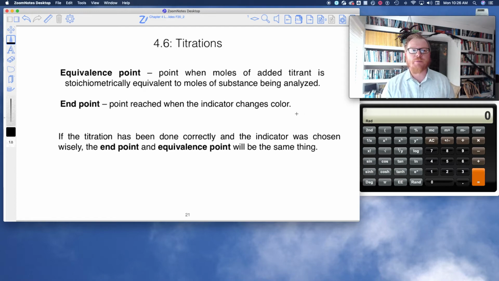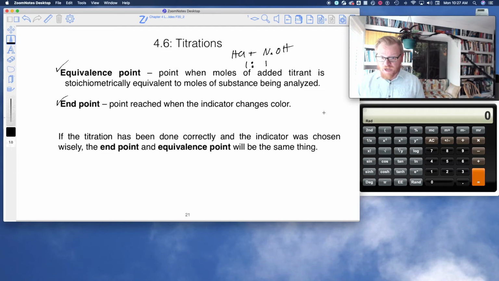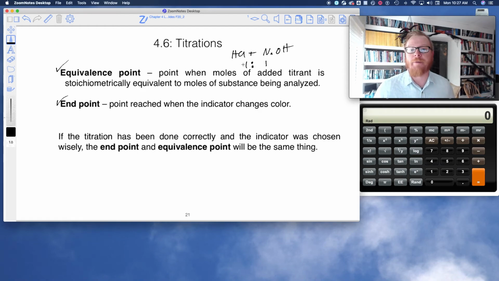Okay, but it's important to know that that's different than the equivalence point. The point when the moles of added titrant is stoichiometrically equivalent to moles of substance being analyzed. What does that mean? Well, that means that I have added HCl and NaOH in a perfect 1-to-1 ratio, because you notice from this balanced reaction, they are 1-to-1.